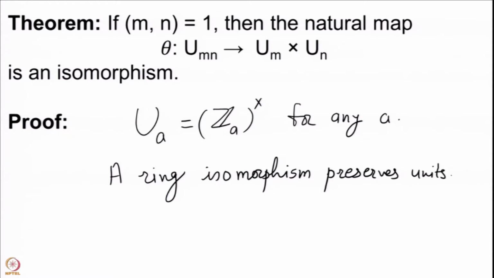So, this very simple fact that a unit has to go to units under a ring isomorphism, we get that when you restrict the map theta to the group of units, you get a group isomorphism.